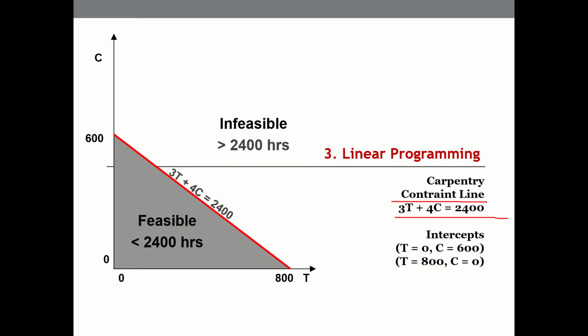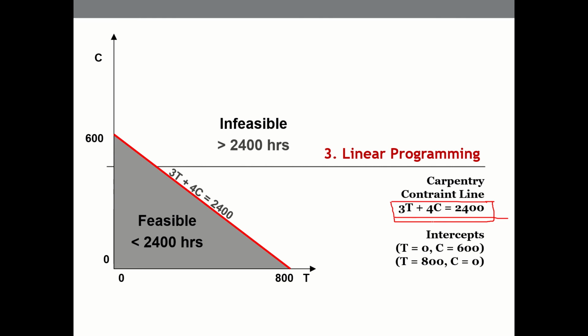We assume that this is the maximum that we can achieve. 3 times table plus 4 times chair is equal to 2,400 hours. We have seen this when solving linear equations.